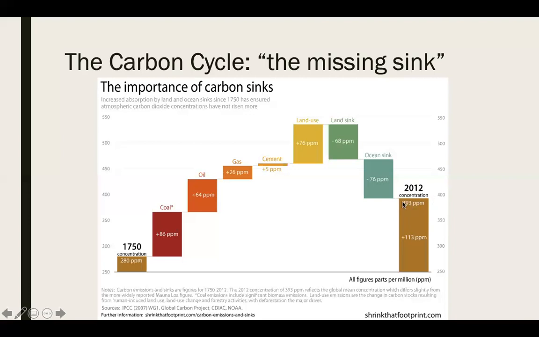But in 2012, the concentration was only 393 parts per million, when it should have been 550. And that's because the land and the ocean took some of it out. They compensated for us. So the actual concentration only went up 113 parts per million instead of like 250 parts per million.